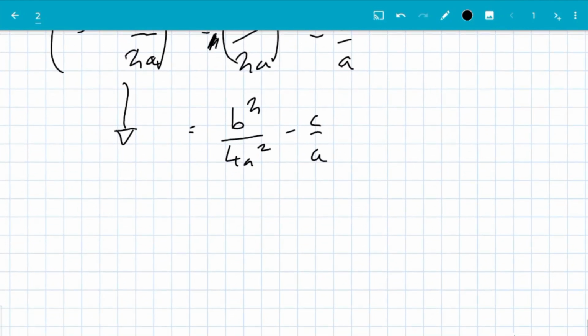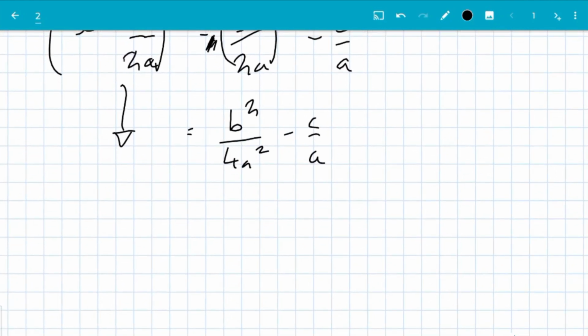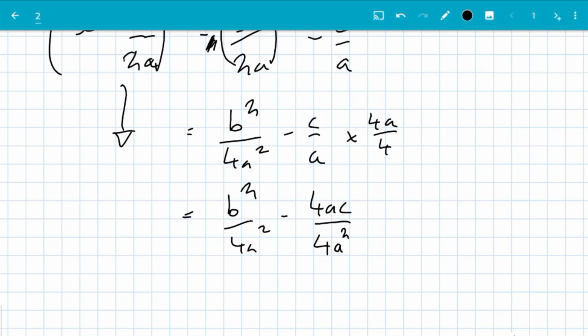And if we look at this side, we can see that we have an a here, so we can quite easily make this a common denominator. So turn this denominator into 4a squared. To do that, we're going to times this side by 4a, giving us 4ac over 4a squared, because all we've done is just multiplied this by 4a over 4a, because we know that this is equal to 1.